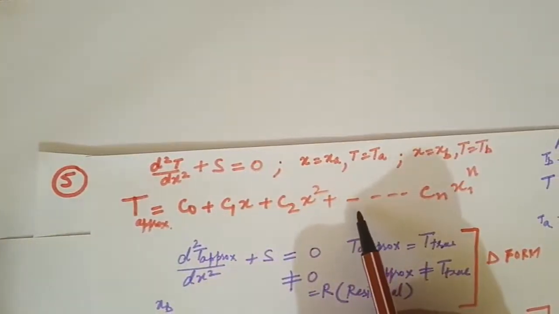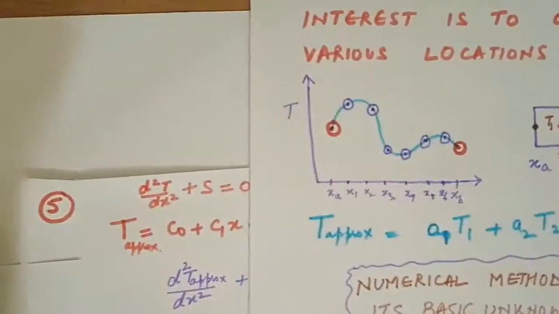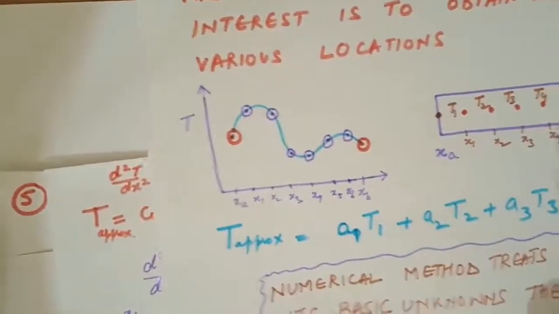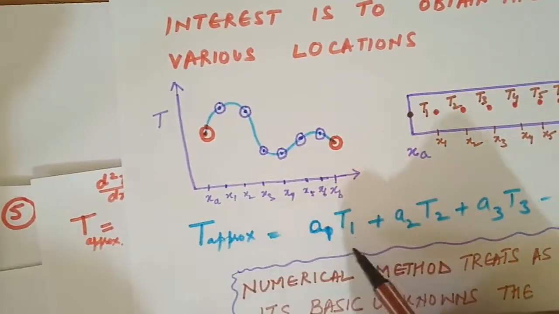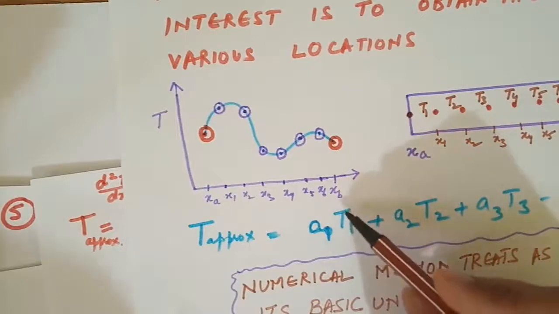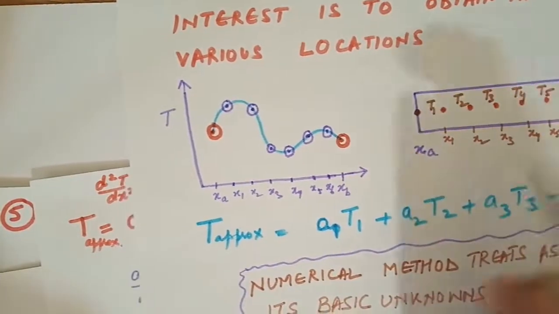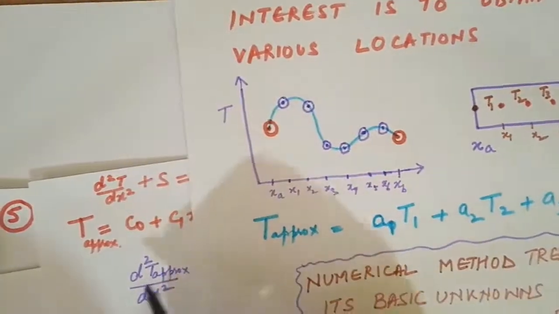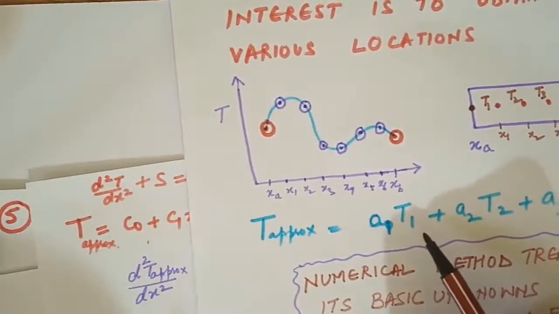But instead of these constants, alternatively we reformulate T approximate as A1 T1 plus A2 T2 and so on, that is, the unknowns now are these temperatures themselves. So we are not finding the temperature values indirectly but directly.